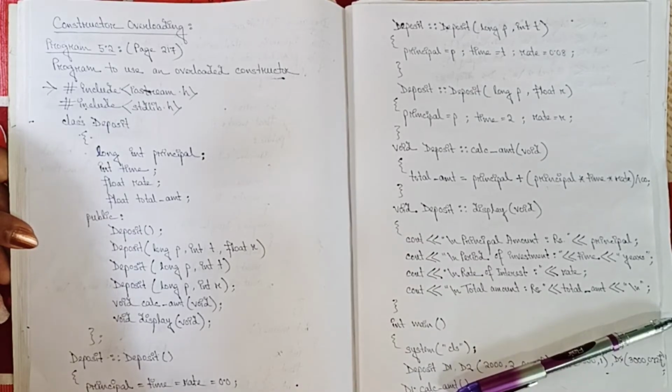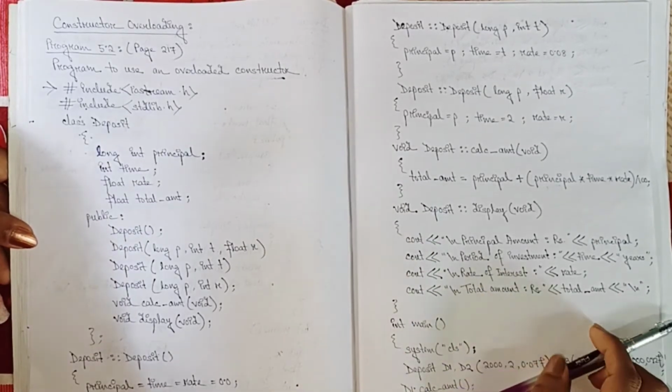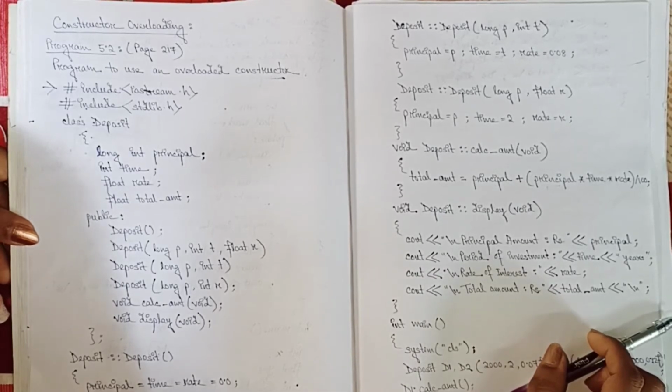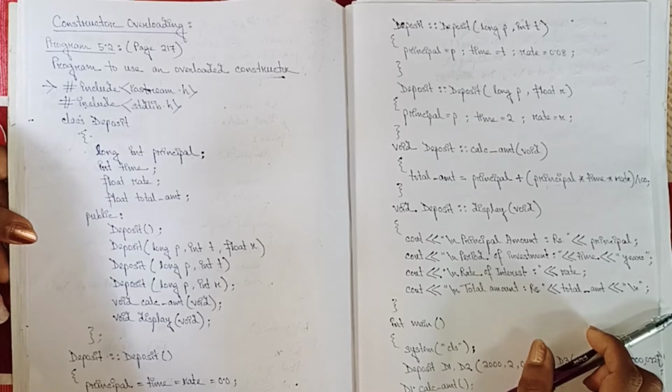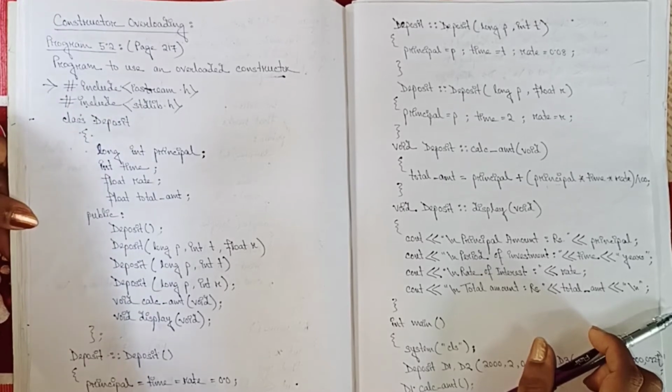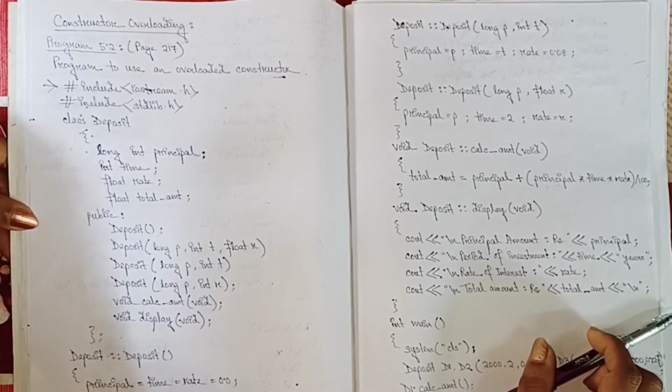Overloading may also be in the way we use parameterized constructors, say 2 or 3 parameterized constructors in a simple program, each defined by its number of arguments. Suppose in one case the number of arguments is 3, in another 2, and in another maybe 1. This is how the overloaded constructor works.